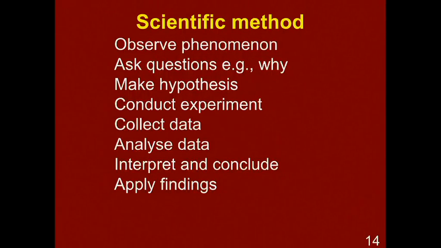We ask questions about why we're observing that phenomenon, and we make hypotheses based on some sort of theory that X is connected to Y. Then we test those ideas by designing an experiment that will manipulate X or measure X and measure Y as X varies, collect that data, analyse it, and see what it tells us about our original ideas.